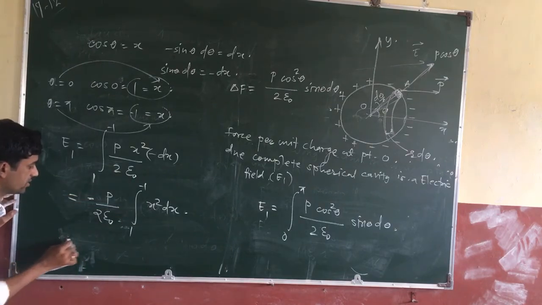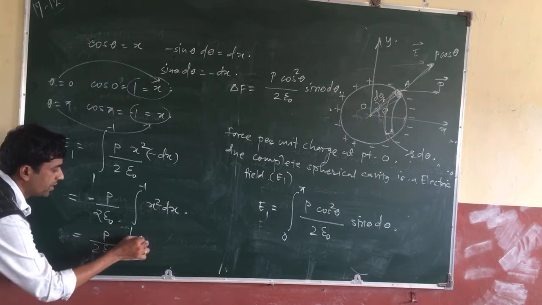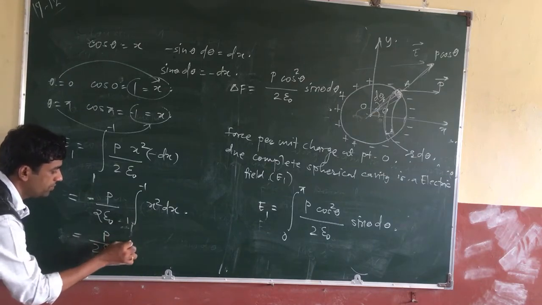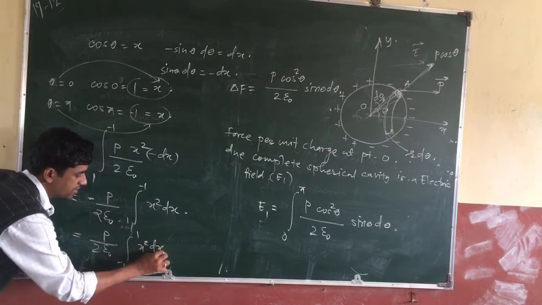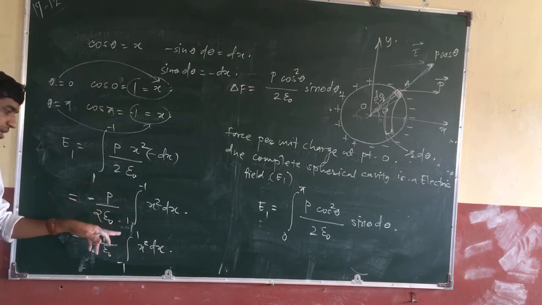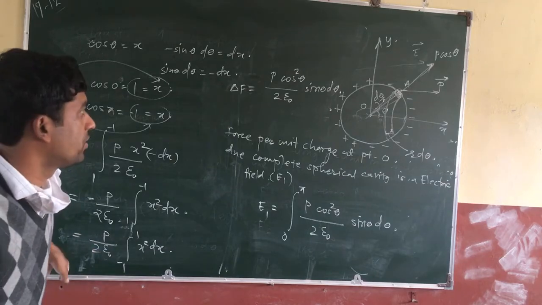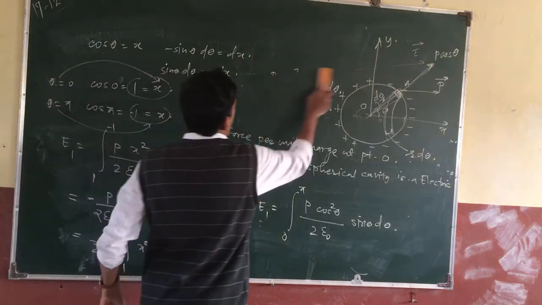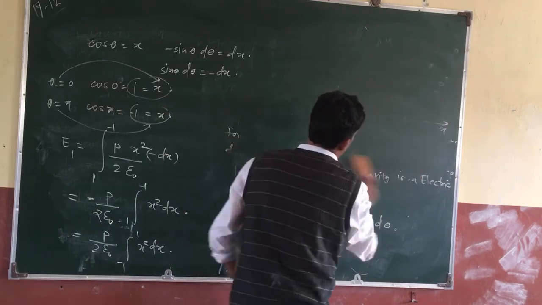So I can write this equation as P divided by twice epsilon naught, integration from minus 1 to 1 of x square dx. I have removed this minus sign by reversing the limits. Here I have taken minus 1, here I have taken 1. Okay, so we will go next now.